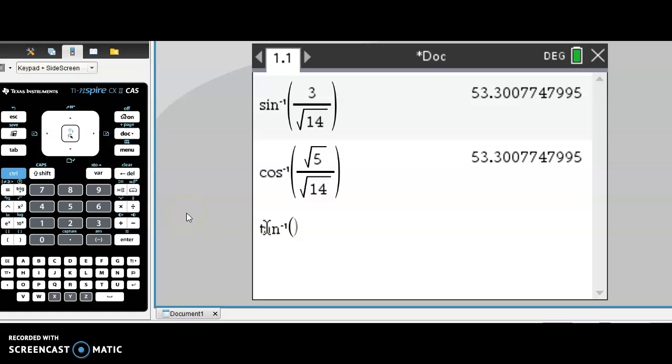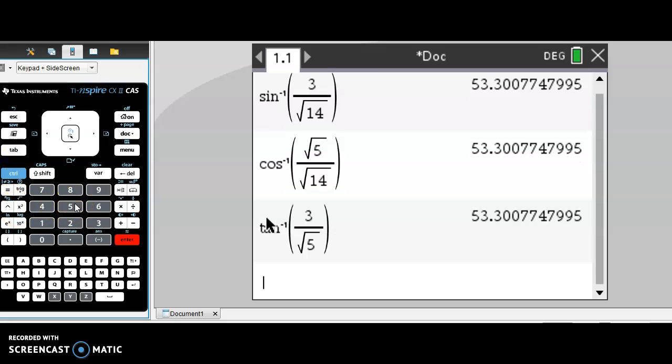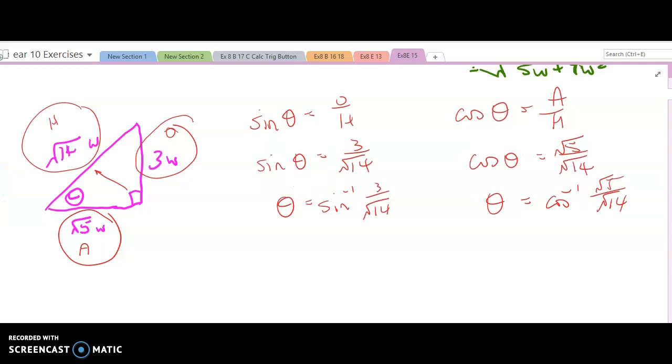Make sure you get the O over A. That's a common mistake. Based on the angle that we want, O was the 3 divided by the root 5. And guess what? The answer is 53 degrees, or to the nearest degree, 53 degrees.